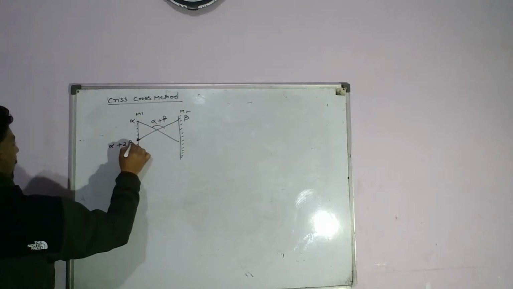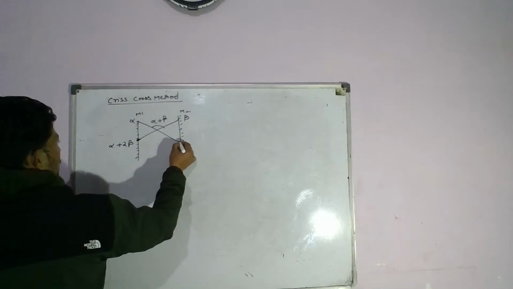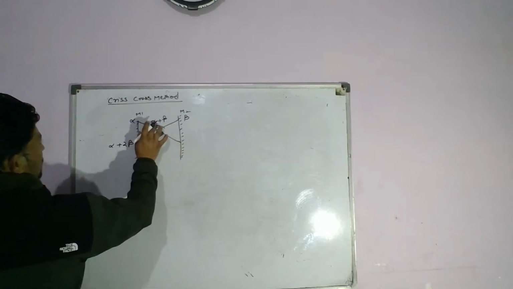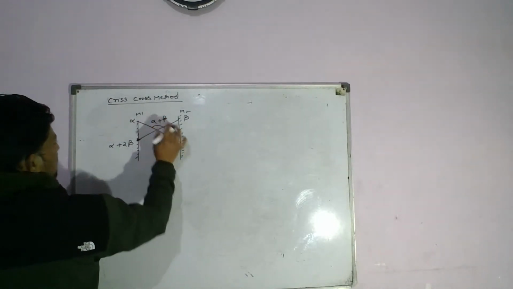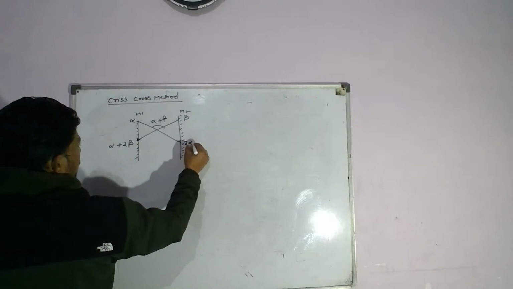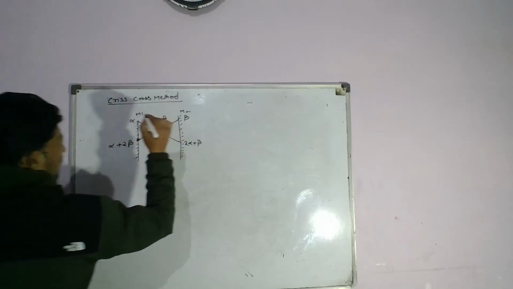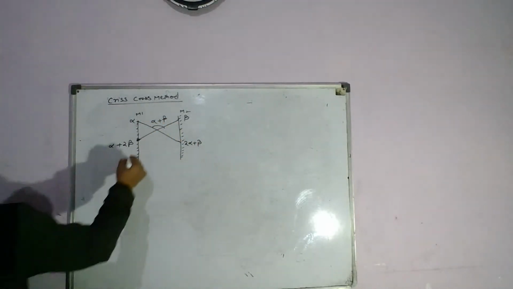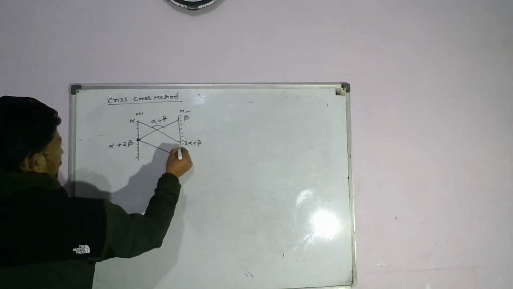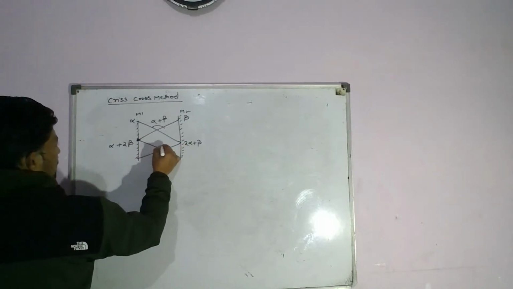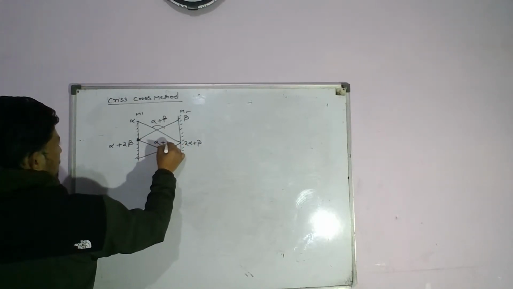Alpha plus 2 beta. Just understand the concept after that. And this is 2 alpha plus beta. Again, this angle is alpha plus beta.